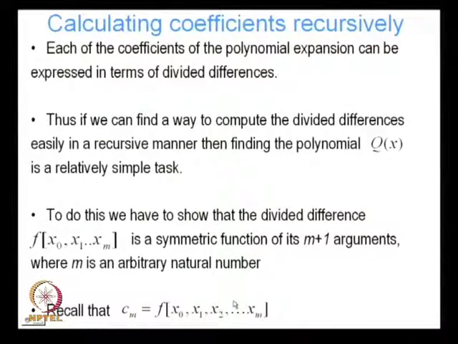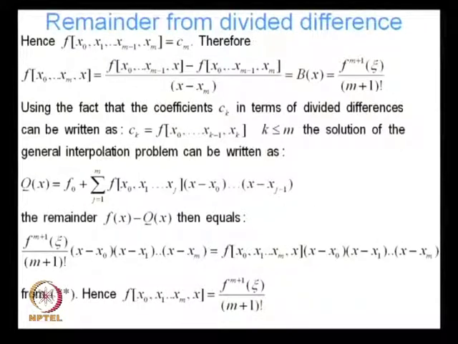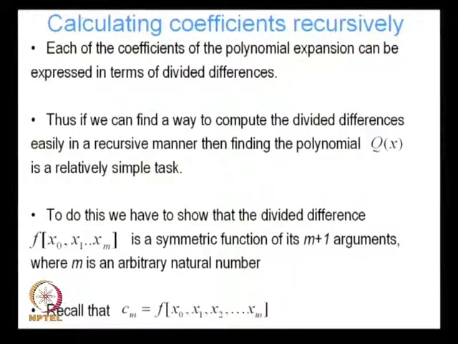Later on we will show that these coefficients can be calculated recursively. It is very easy to calculate these coefficients, but before we do that, let us talk a little bit more about this. Each of the coefficients of the polynomial expansion can be expressed in terms of divided differences. Thus, if we can find a way to compute the divided differences easily in a recursive manner, then finding the polynomial q x is a relatively easy task.